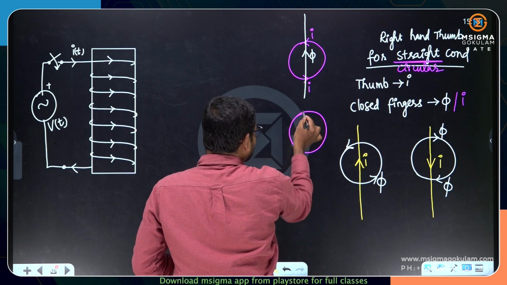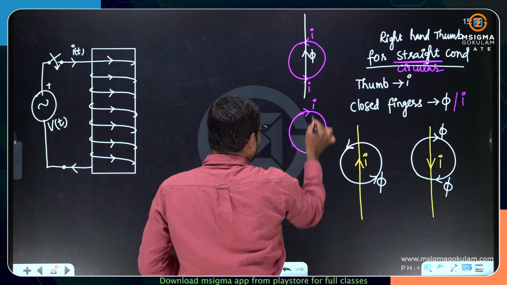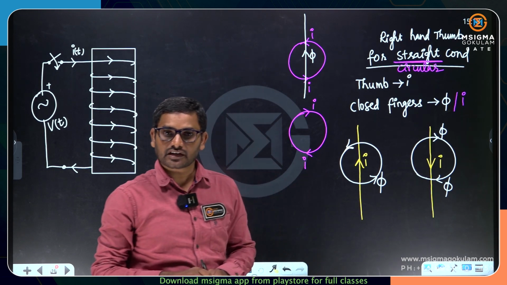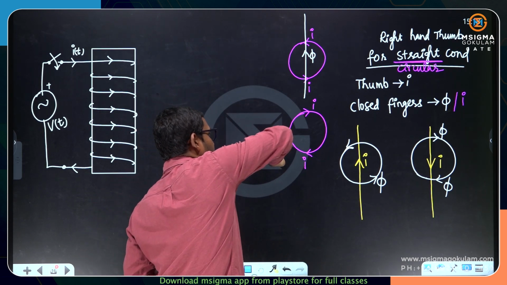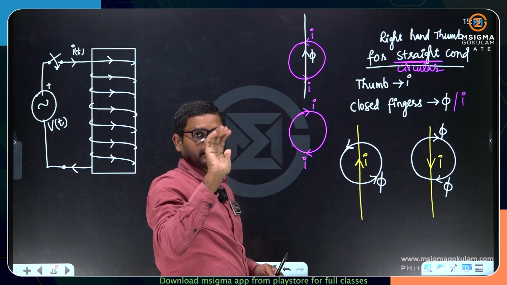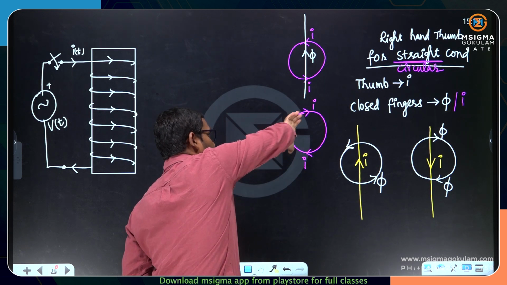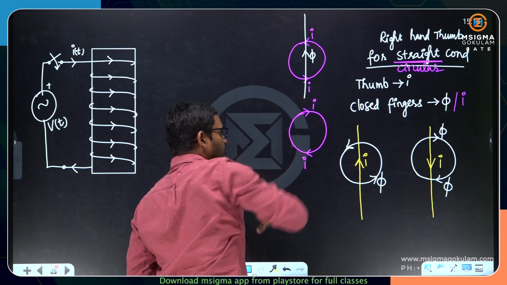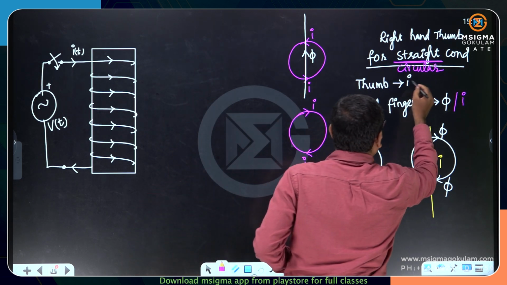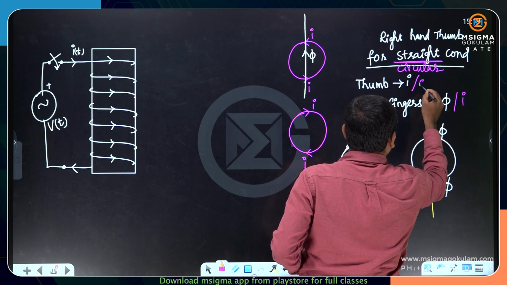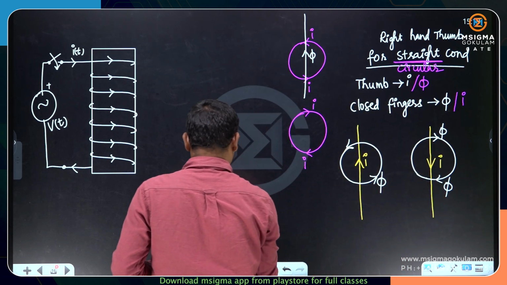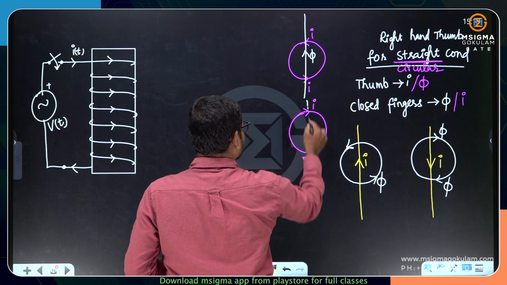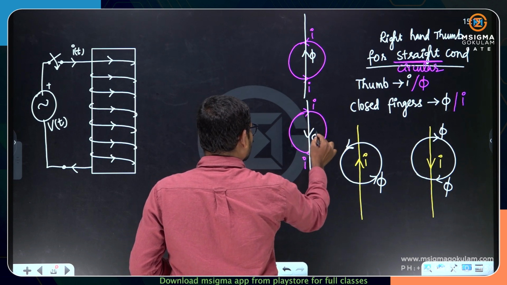Now similarly, if I take a circular conductor in which the current is moving in the clockwise direction, I have to indicate the current with the curled fingers. So the current is moving in the clockwise direction, and the flux will be in the downward direction.